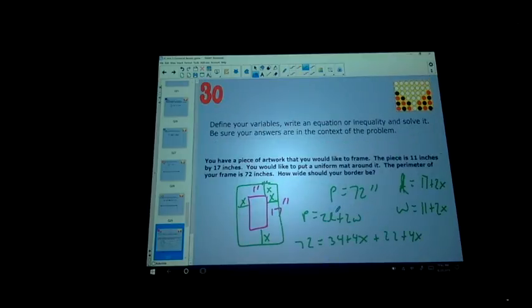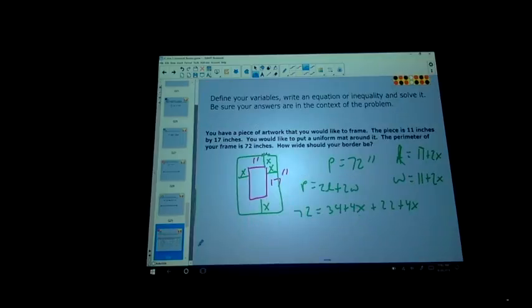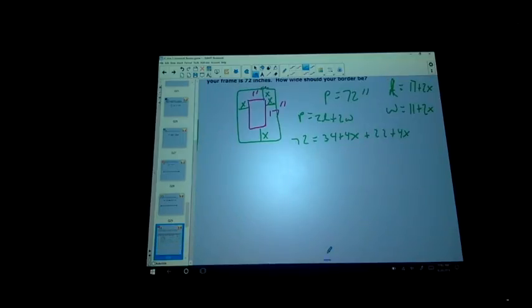Combine, add 34 and 22 together. 56, 56 plus 8x. Subtract 56 from 72 and we get 16. 8x equals 16, so x equals 2. So we find that our border is 2 inches all the way around, at uniform length.